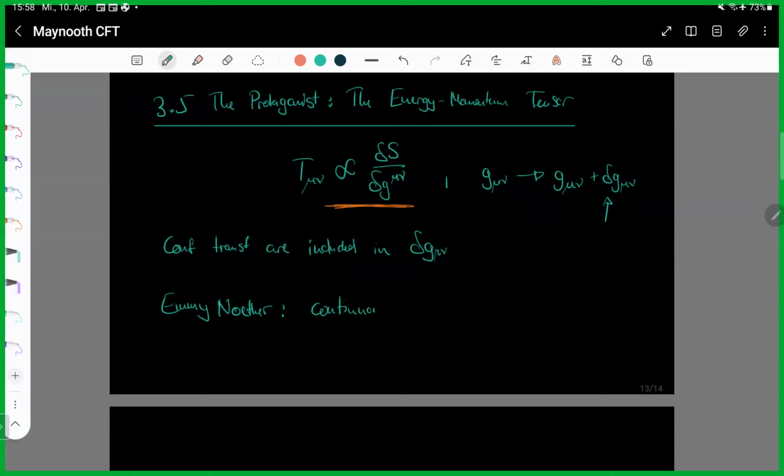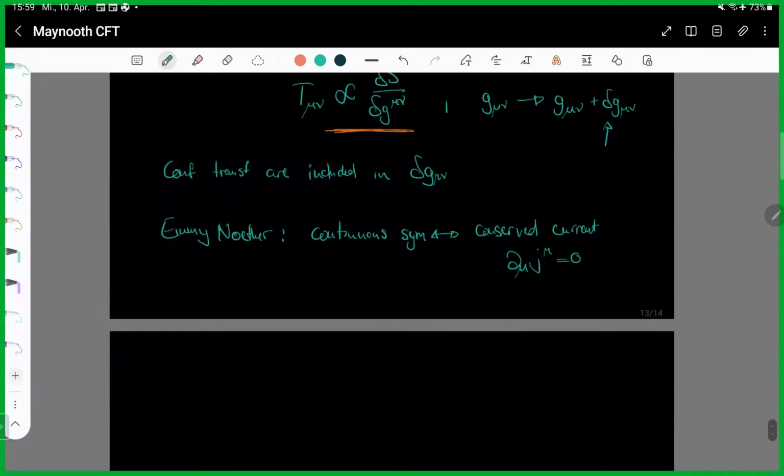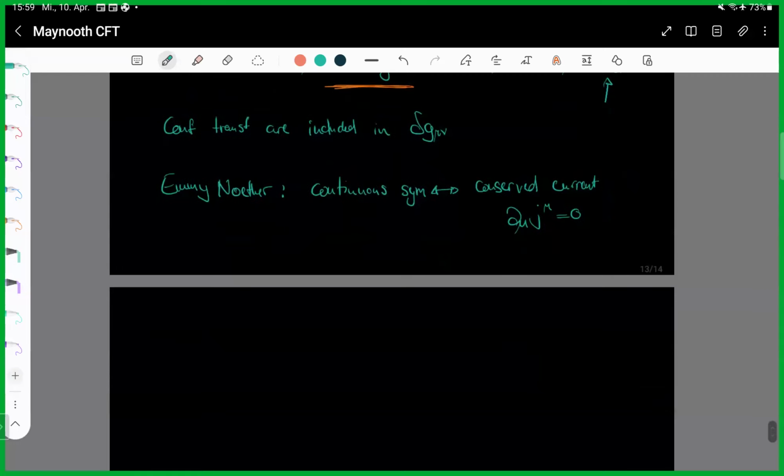A continuous symmetry is basically the same as saying that there is a conserved current. Let's call the conserved current J. It's conserved. And what we're going to do is take transformations as before. We're going to take infinitesimal transformations.